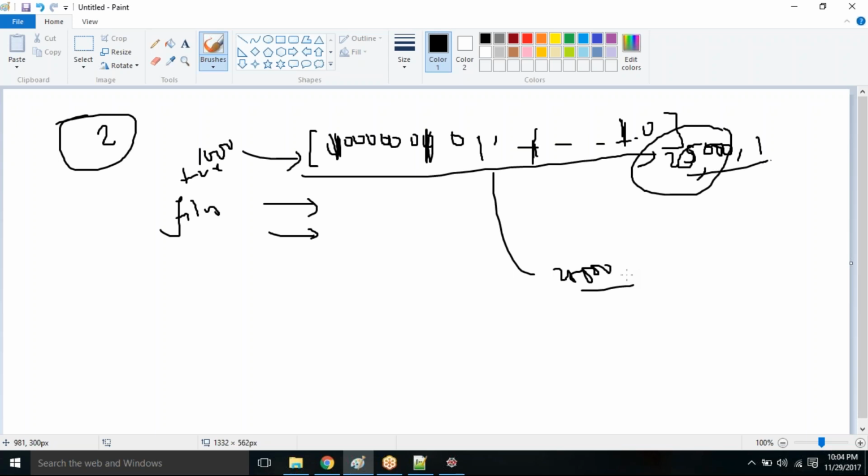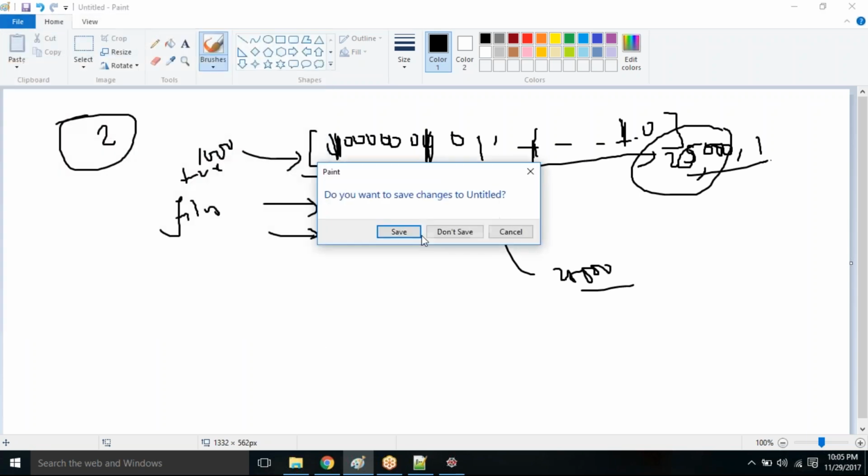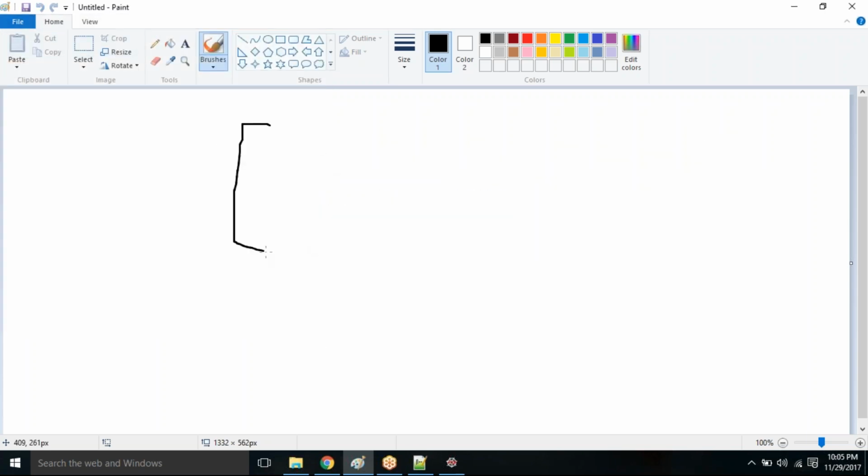You have a vector size of 20,000, but only those words will be activated which were in that particular file, and you do it for all the 1,000 files. So ultimately you get 1,000 positive files into 25,000 dimensions.